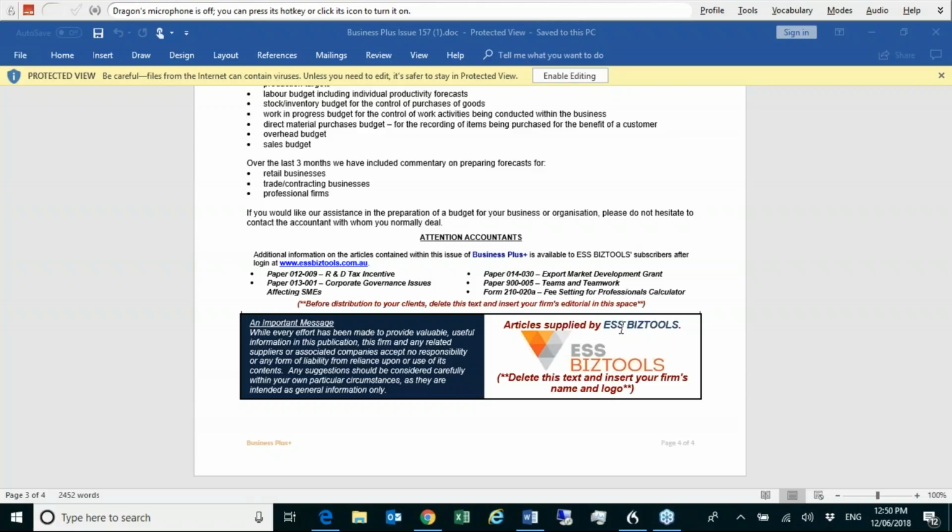Our recommendation is you remove the Attention Accountants material before you send this email to your clients, and that you substitute that space with a comment about your firm, some of your employees, maybe clients, what they're doing, that people might find of interest.